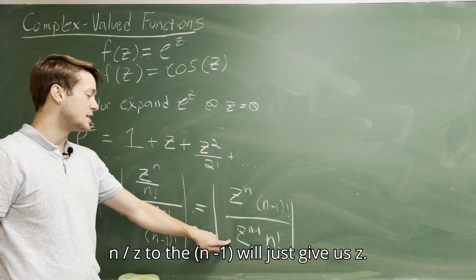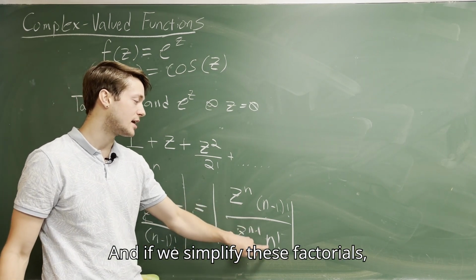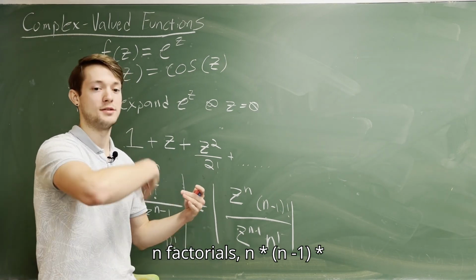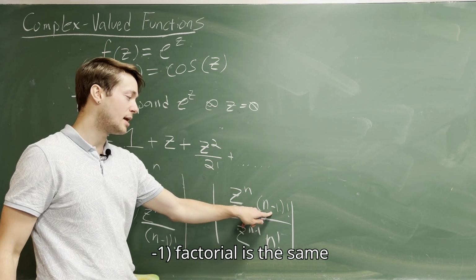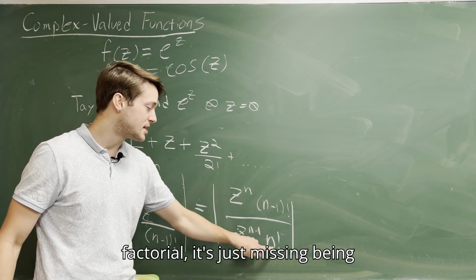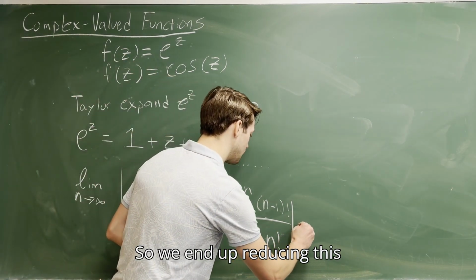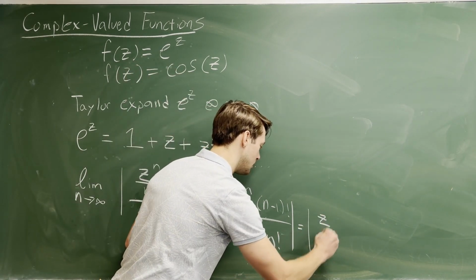Z to the n over z to the n minus 1 will just give us z. And if we simplify these factorials, n factorial is n times n minus 1 times n minus 2 times n minus 3, and so on. N minus 1 factorial is the same factorial, it's just missing being multiplied by a value of n. So we end up reducing this down to z over n.